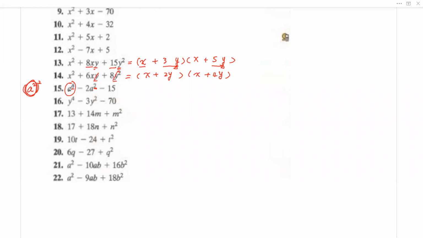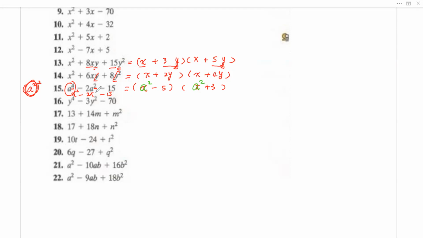So you can rewrite it: this one is x squared minus 2x minus 15. Right. So it becomes x minus what? Minus 5, right? Negative 5, positive 3.